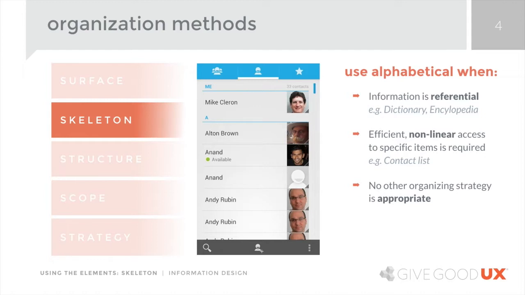But a lot of times, if you go into a general parts category, everything is alphabetically organized because it's the simplest, most easily recognized form of organization. We go there automatically. So if you're struggling trying to figure out how to organize a certain information set, you can always default to alphabetical. It almost always makes sense.